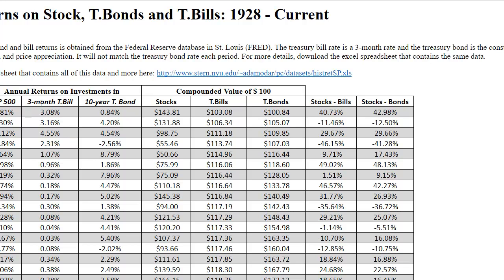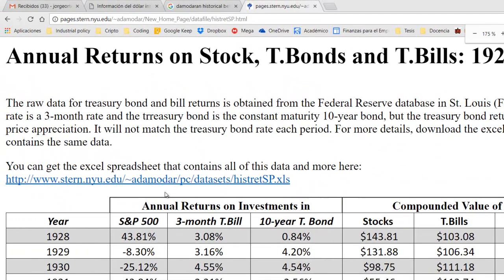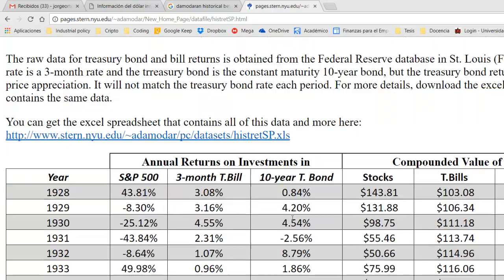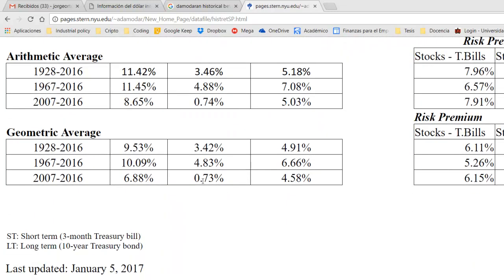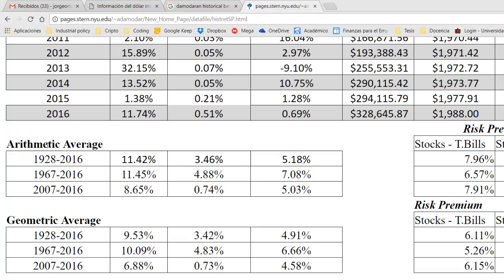What you see here are the historical returns for Standard & Poor's 500, the 3-month T-bill, and the 10-year T-bond. If you browse downwards, you will have the arithmetic average for the period 2007 till 2016, and it's actually 8.65% as an average of the returns for the last, I believe, 10 years.